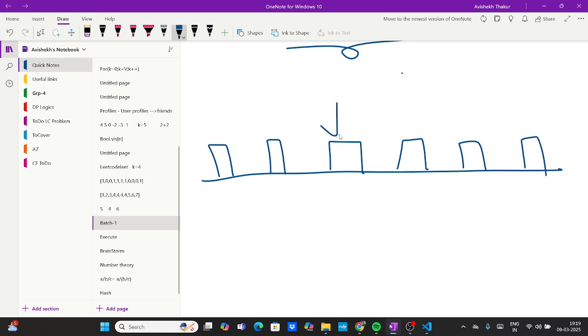Let's say you are sitting at this building, say Manan is here, and you want to order a pizza. Now pizza can be ordered from anywhere. Let's say you are at building A and this is building B. In order to bring a pizza from building B to building A, there is a cost involved.